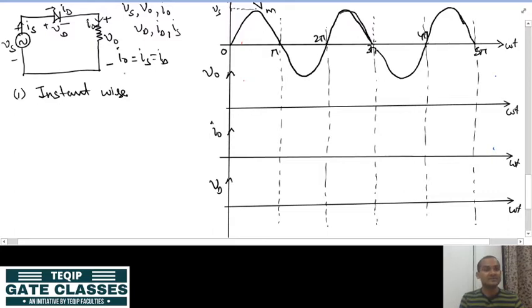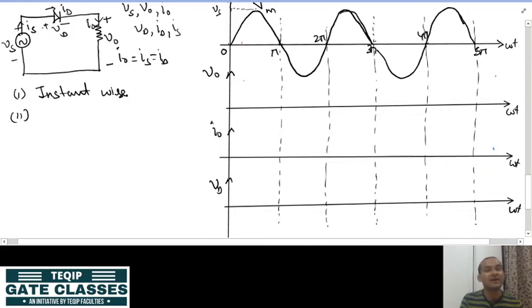Alright, so this is the first step. If we are analyzing the circuit instant wise, we have the first instant from 0 to pi. Then the second step is that you have to see what device is acting during that instant.